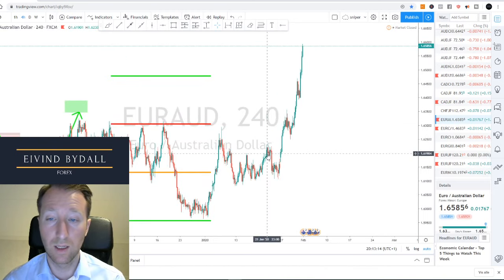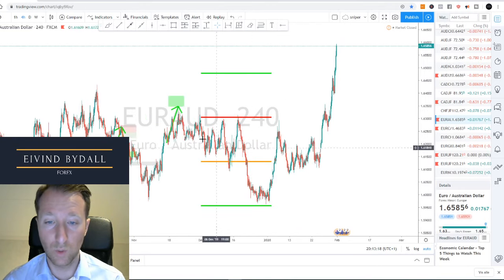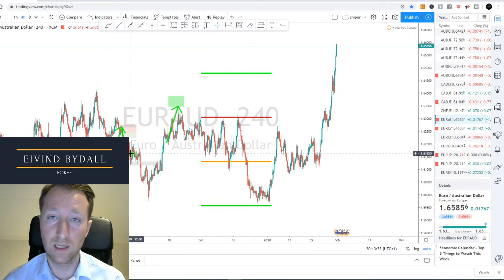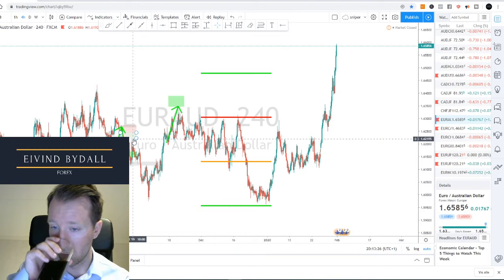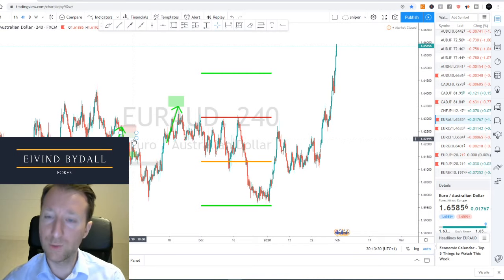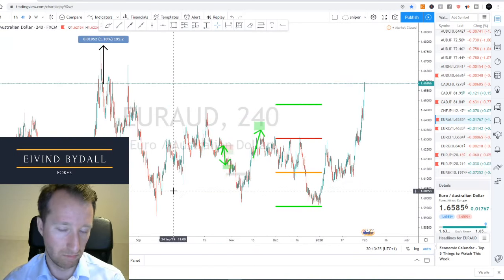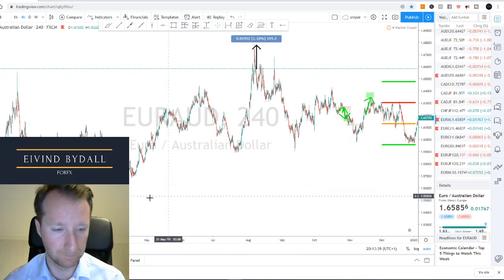Fundamentally, it's doing okay, but also generally it's sideways. So this is not necessarily a pair that would make me millions of dollars. It's just that right now we have a difference in strong and weak currency.